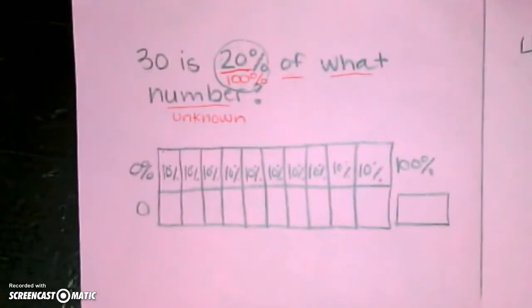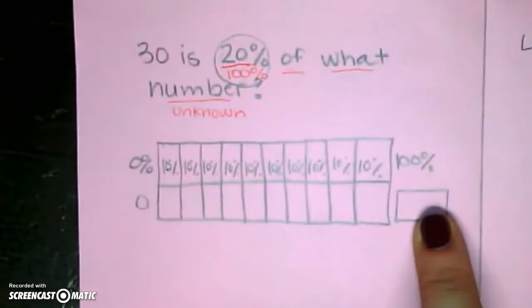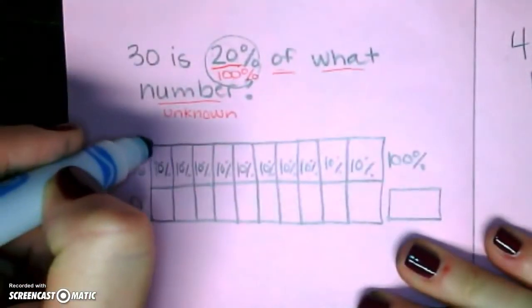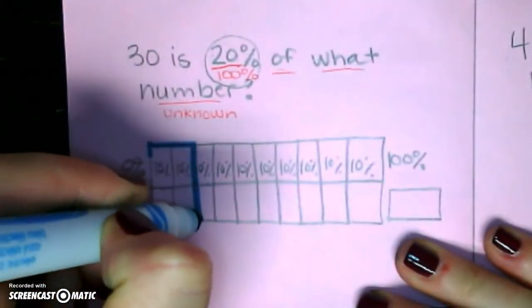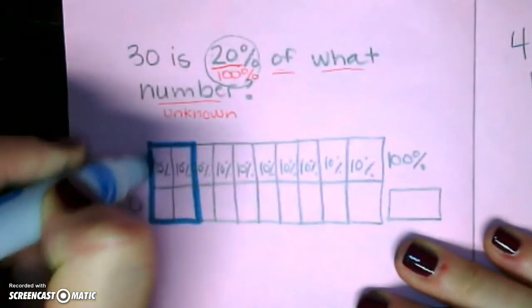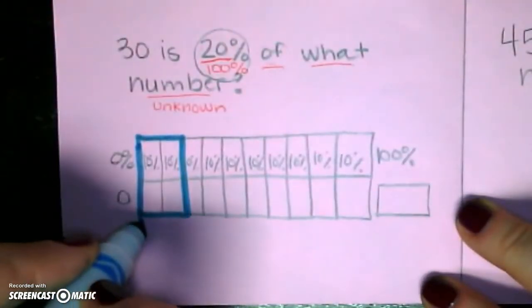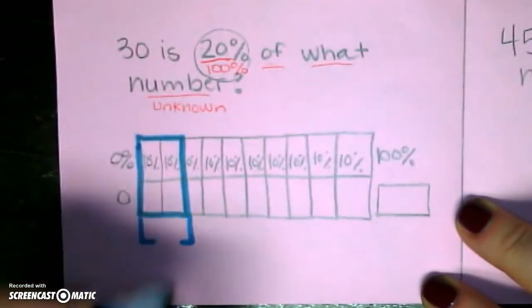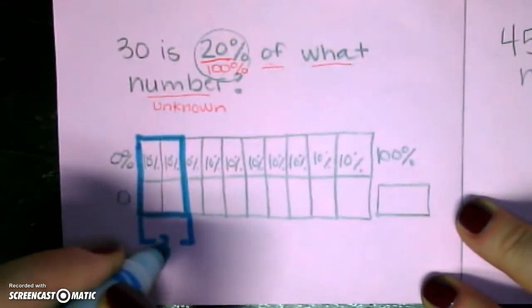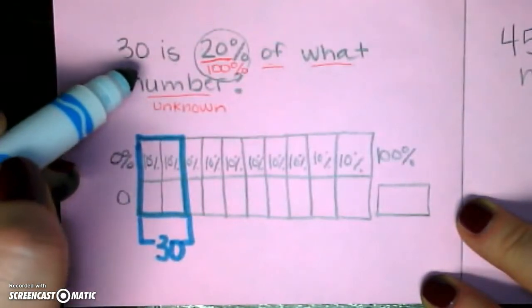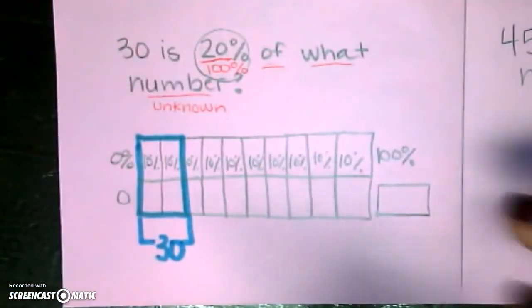Okay. Now, I don't know my whole, but I do know what 20% of my whole is. And since 10 plus 10 is 20, that stands for 20. And I know that that is 30. It told me in my problem that 30 is 20% of a number.